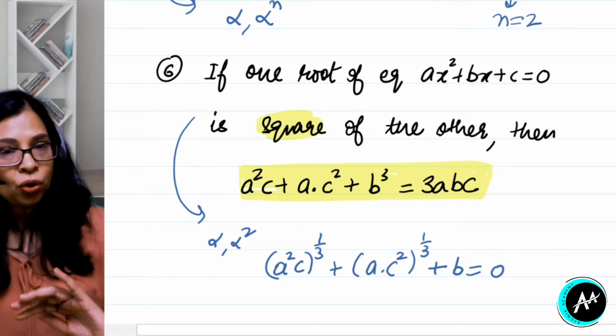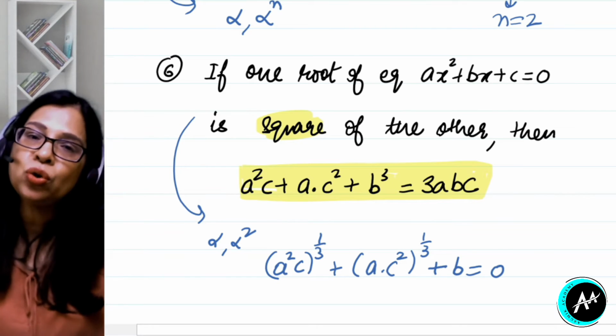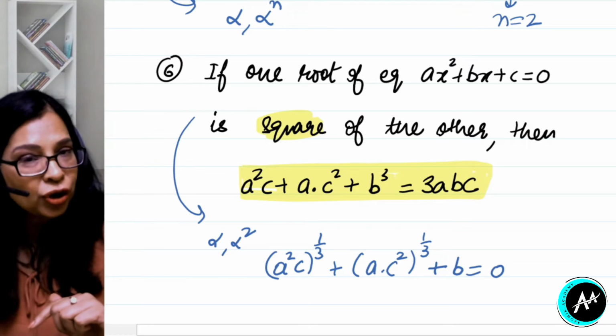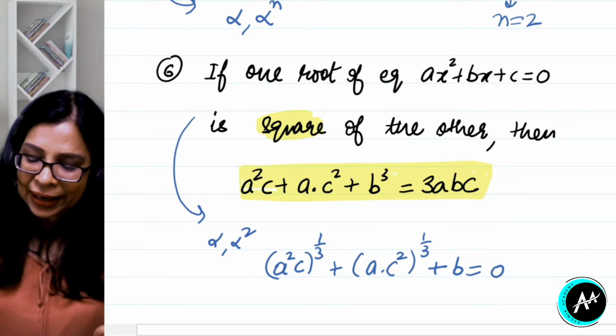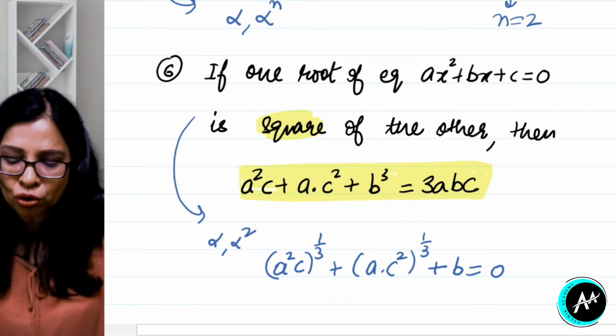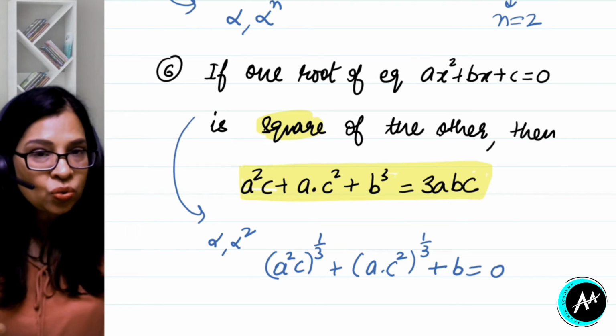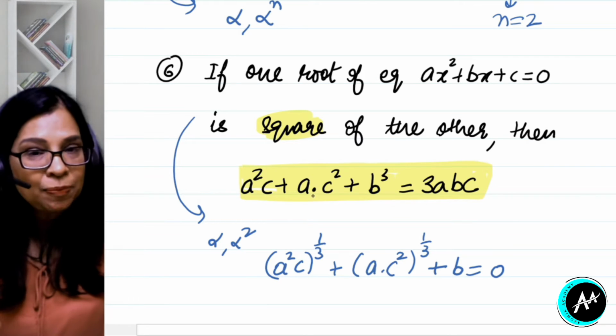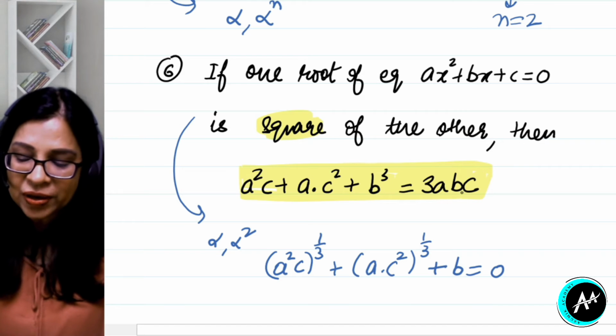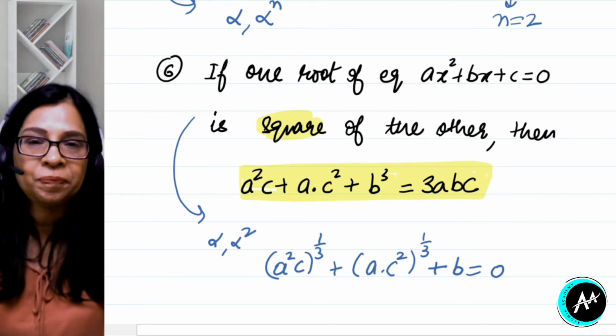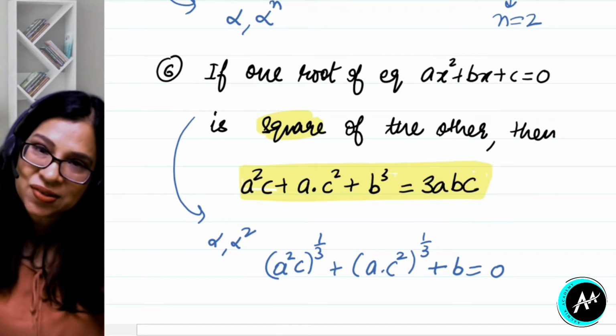So we can take b on the other side and do cubing on both sides, because we have to remove the power 1 by 3. If I do cubing, I will get this result: if one root is square of the other, then a square c plus ac square plus b cube is equal to 3abc. Is it okay? So that's my sixth result.